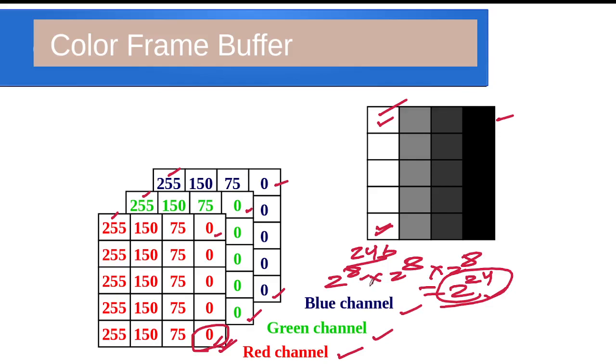And if you really want more colors to show, you can definitely increase the number of bits for each of the channels. In that case you will have more colors.